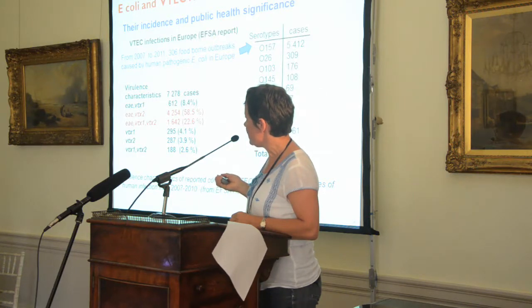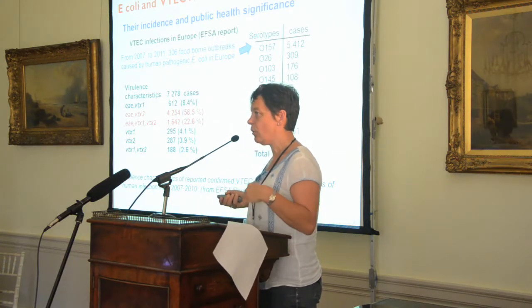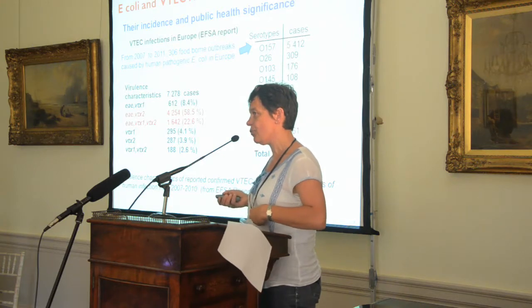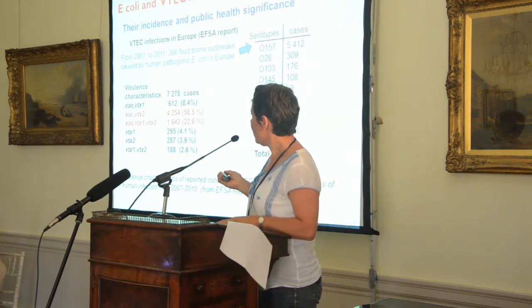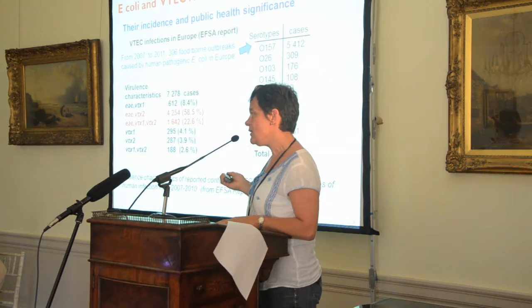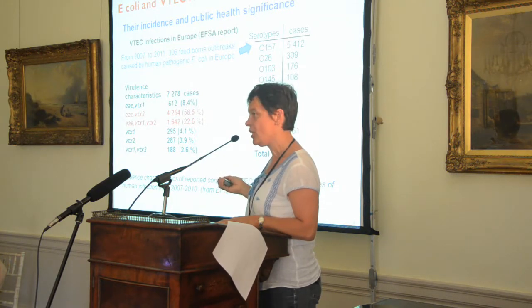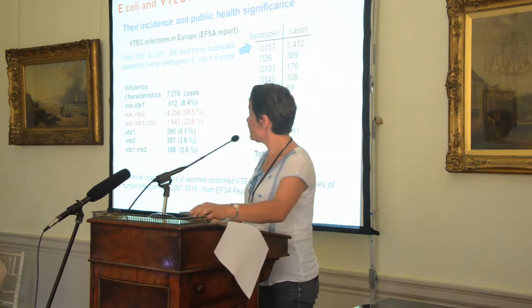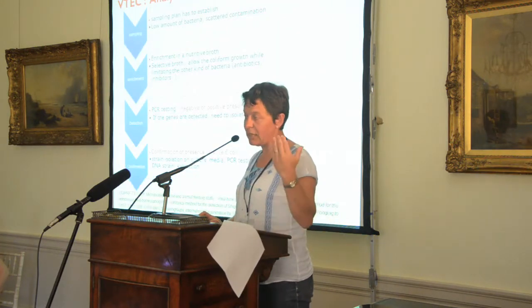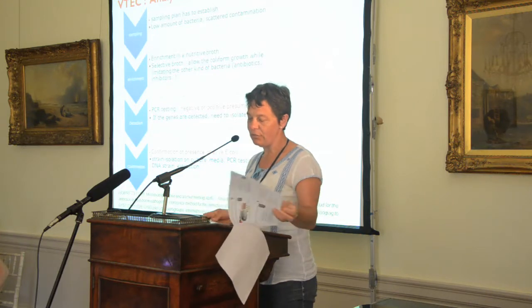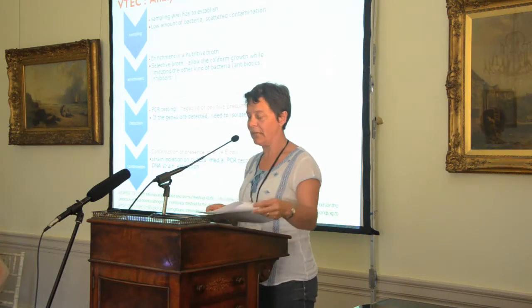And for the genes responsible for the bacteria attaching to your gastrointestinal tract, nearly 80% of the cases were linked with the presence of these genes. So that leads, of course, to an explanation and a characterization of this bacteria.